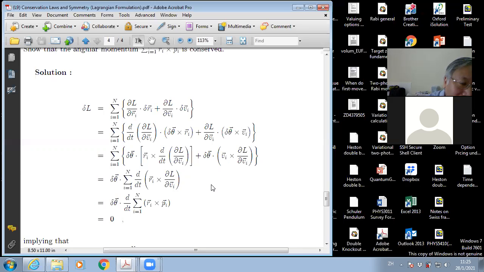All right. So here, after rotation, we have an infinitesimal change in L. This infinitesimal change can be expressed in terms of the chain rule given here.